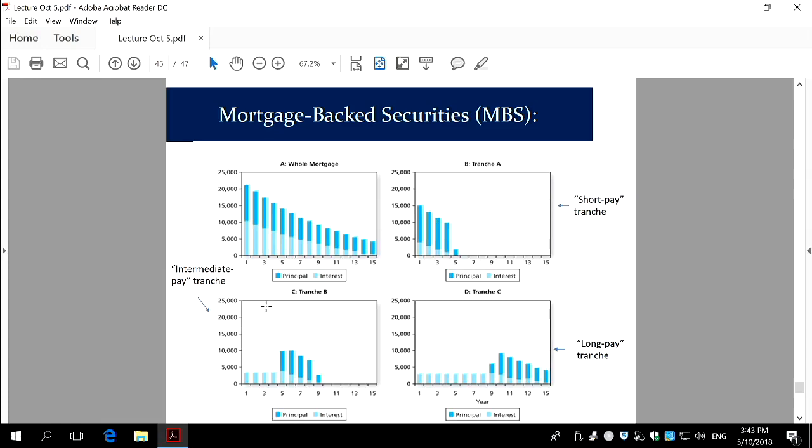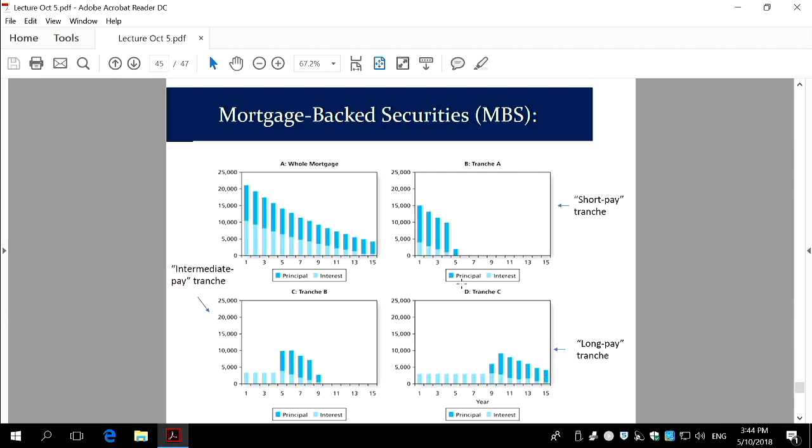And this is called the intermediate pay tranche, because the cash flow is somewhere from 5 years from now to 10 years from now. And this is called the long pay tranche. Basically, the cash flow is far away from today.